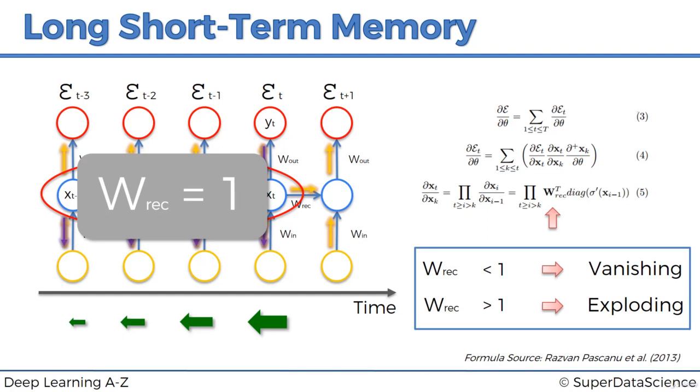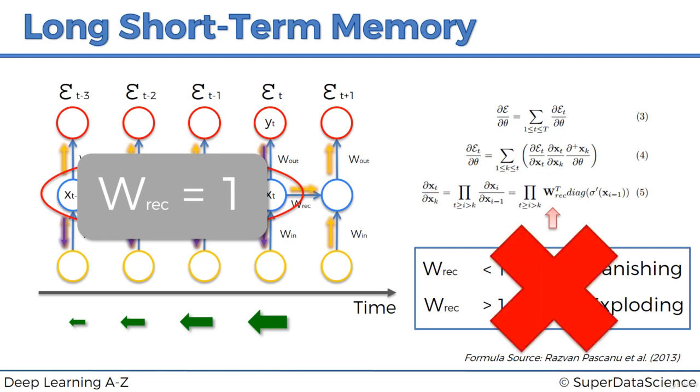And that's exactly what was done in the LSTMs. This is a very simplified explanation, and there's definitely more to it than just WREC equals 1. But in general, that's the idea, and that's all it took. When I saw this for the first time, I was so excited that the solution is so simple. It's really a genius solution, and that completely gets rid of the vanishing gradient problem.